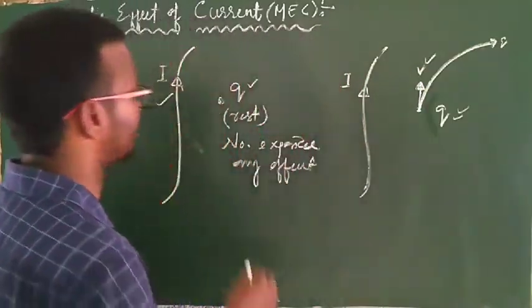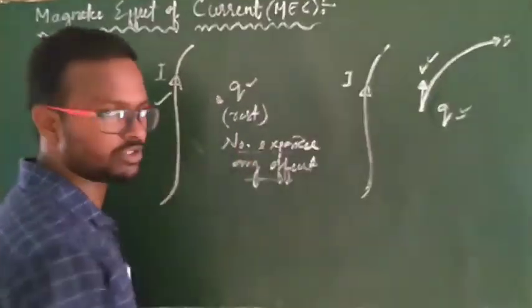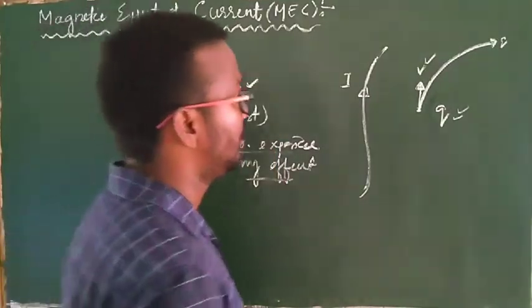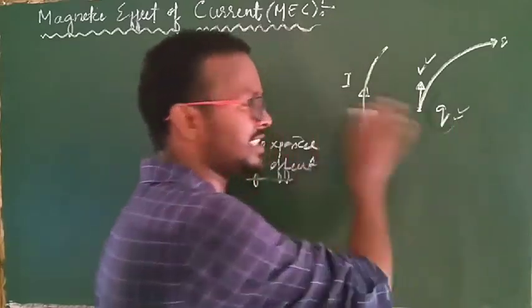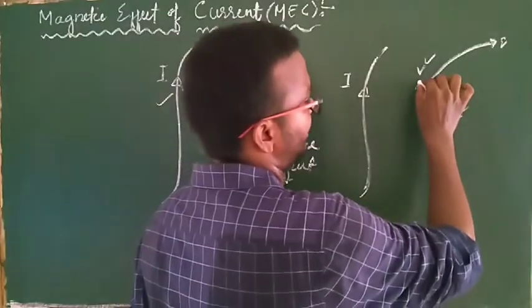But in the initial situation, when the charge particle is at rest, it does not experience any force. But when the same charge is moving with velocity V, then it deflects its path.